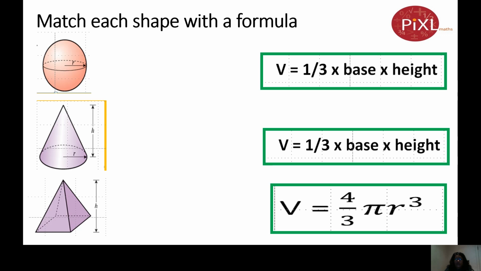Okay, finally, let's look at this. You're going to match each shape with the formula. I'm going to give you 1 minute to match the shapes with the formula to find the volume.